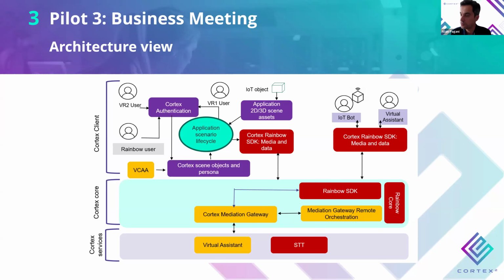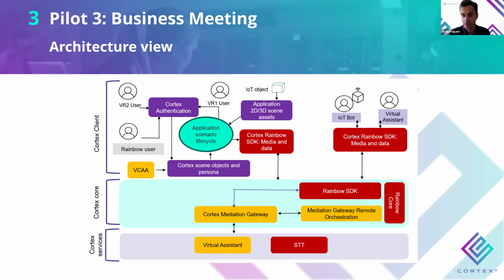And on the top, we have the client that implements the various things presented in the description, which is the embodiment of the users as avatars, the connection with IoT objects, the creation and integration of new assets, objects, and different environments.